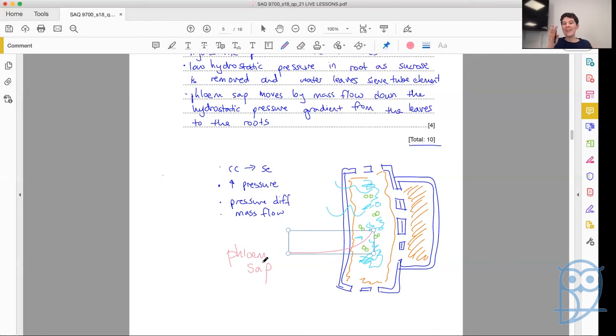Okay, so when we have things in solution, they're going to move together. So because the sucrose has gone in here and then the water has come in to effectively dilute that cell sap, so phloem sap, then it's all going to move as one liquid together. That makes sense.